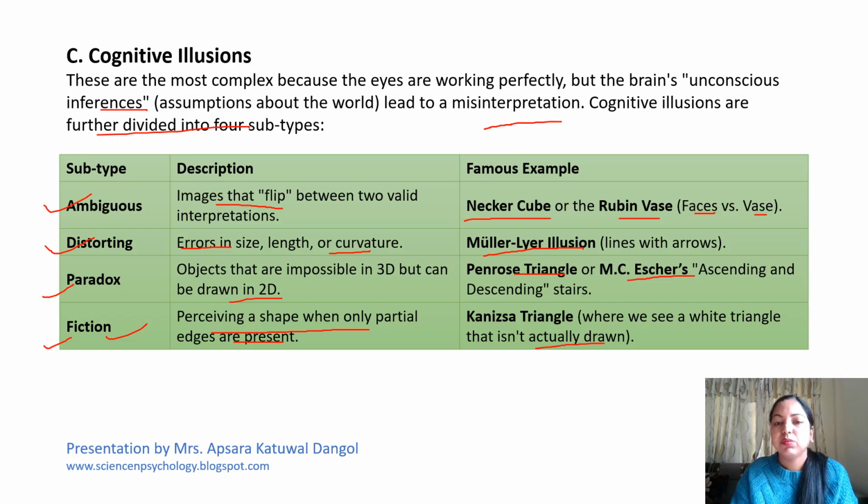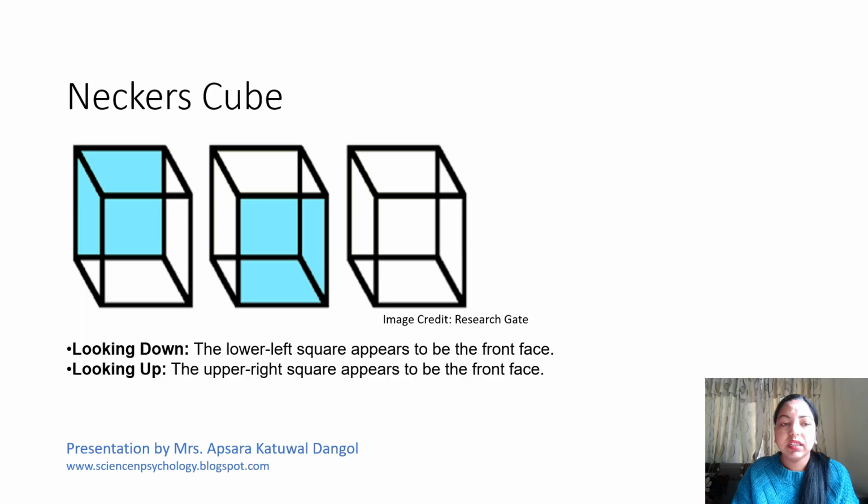Let us know more about it through the picture for clarity. So this is the Necker cube. When we see the Necker cube without shading, what happens? If you stare at it, when you are looking up, the lower left square appears to be the front face.